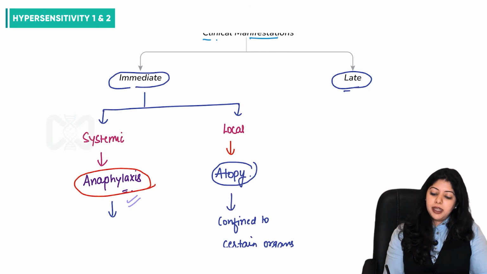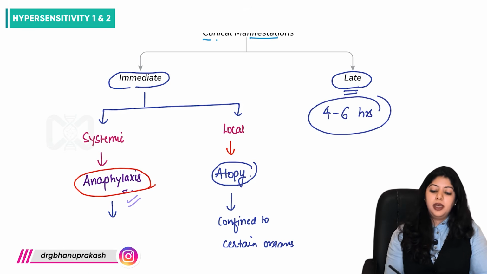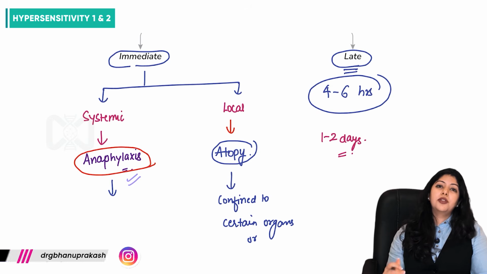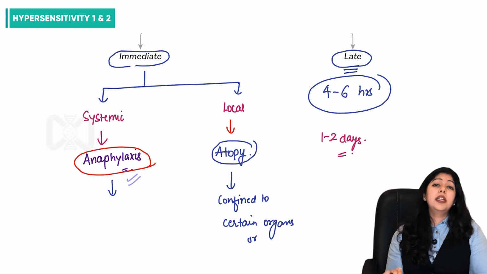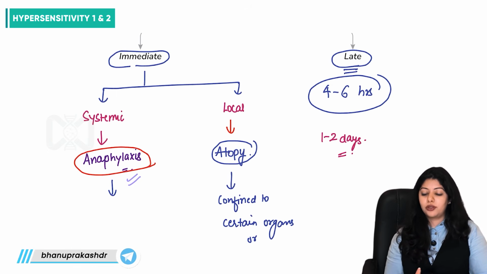And these late manifestations usually take around 4 to 6 hours to develop, and they can last for 1 to 2 days. These manifestations are nothing but majorly chronic consequences of type 1 or immediate type of reactions, right?